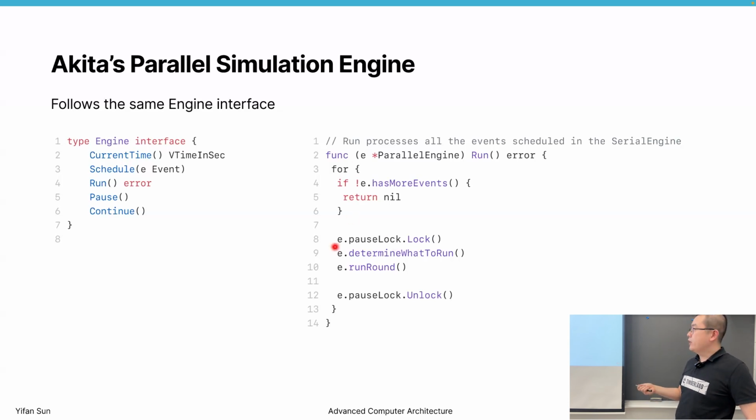So we care about the readability rather than how many lines of comments we write in our code, right? How we can guarantee readability is we try to use function names instead of comments. Take determine what to run and run round.